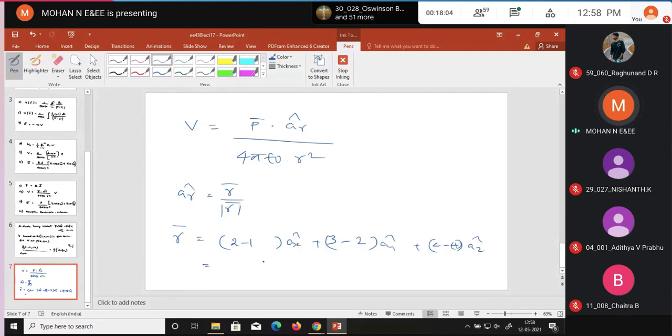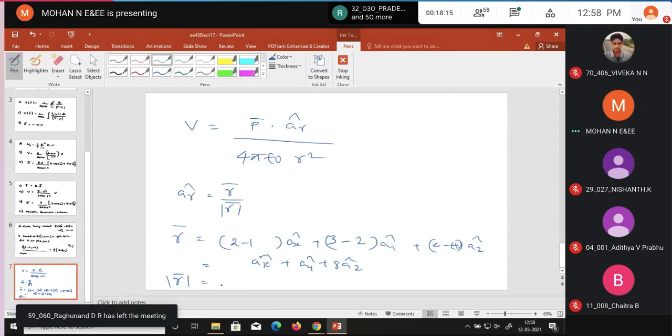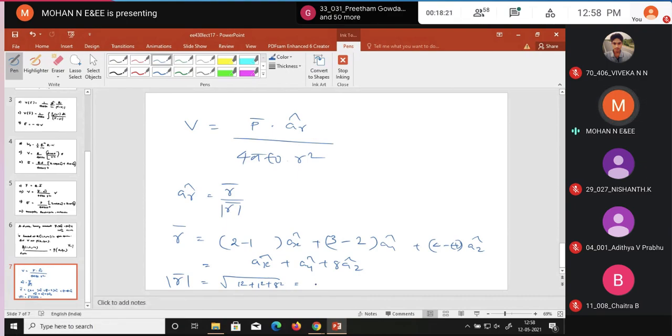So obviously we will get it as a_x cap plus a_y cap plus 8 a_z cap. Its magnitude is 1 square plus 1 square plus 8 square, so it is nothing but square root of 66.